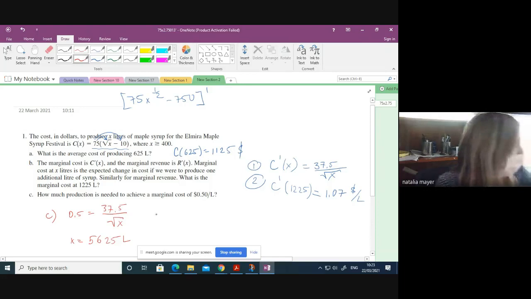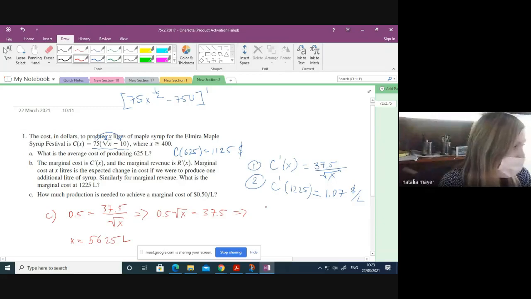Yes. So what's the first step in solving this equation? We have to isolate. In what way? Yeah. So if we cross multiply, Abdurrahman, how will it look like if we cross multiply? 0.5 times square root x is equal to 37.5. Good. Next.